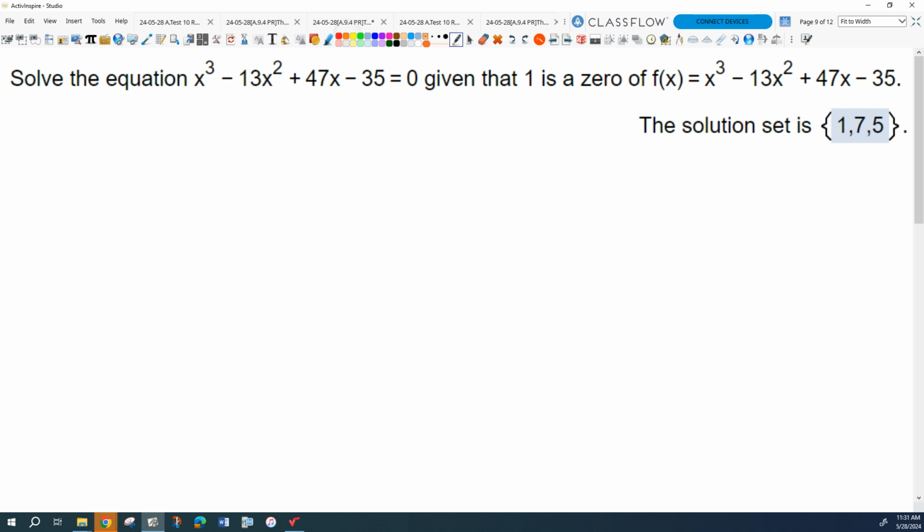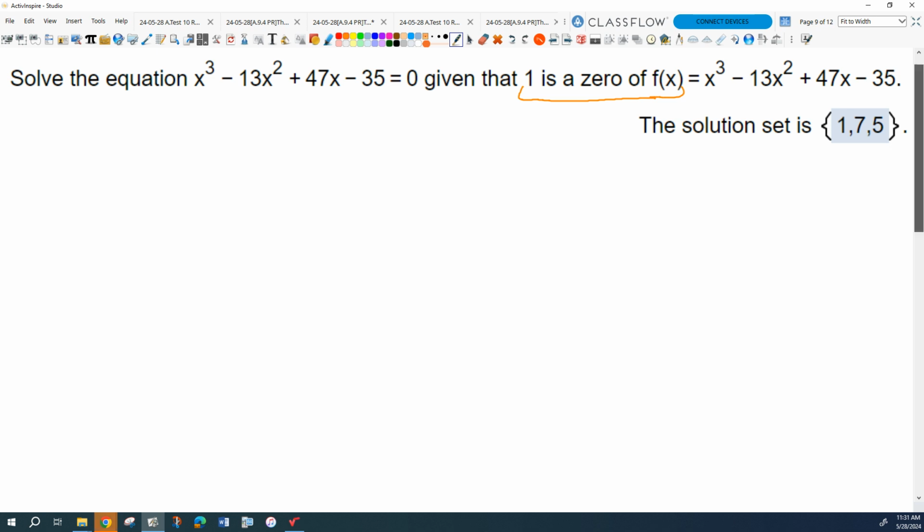But they give us a clue here that's useful. They tell us that 1 is a 0 of f of x. So it's a value that's going to make this left side equal to 0. So if 1's a 0, then that means that what is a factor?